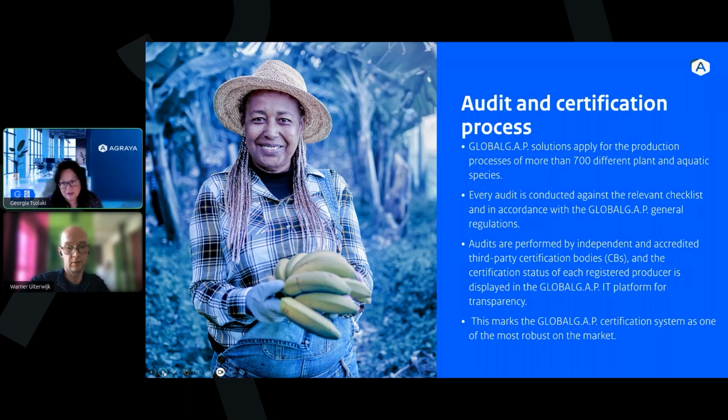We ensure transparency during the certification process to the retailer and to the market by displaying the status of producers and their farms in our GLOBAL.A.P IT platform, of course always respecting the legislation for data sharing.